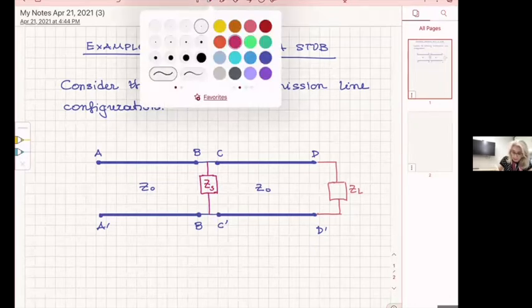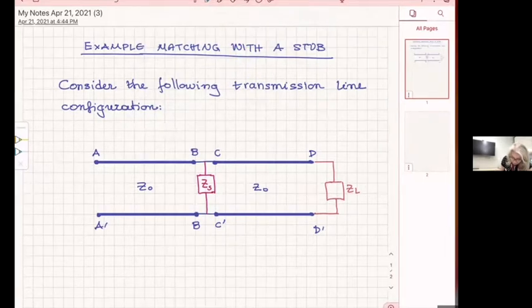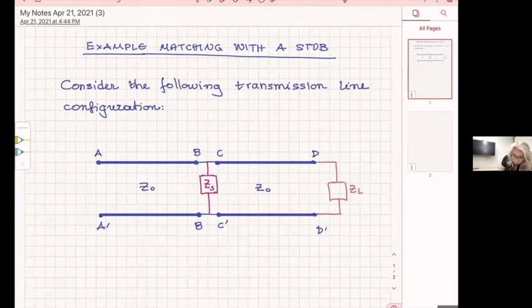And then say, fine, you know that this length D equals, say, half a wavelength.